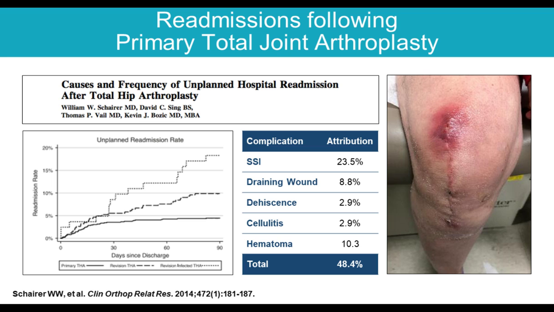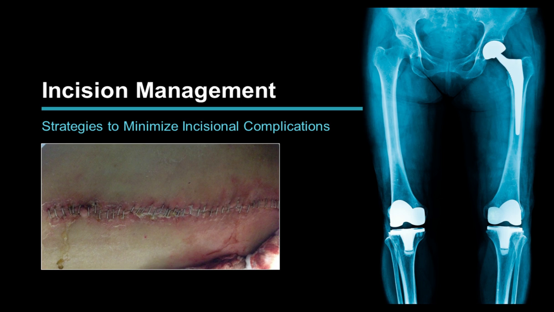So fully half of all unplanned readmissions are due to this surgical site problem. And if we had a better way to manage these issues, we could make a real dent in this unplanned return to the emergency room or to the hospital after surgery.